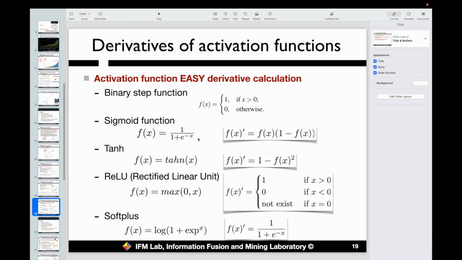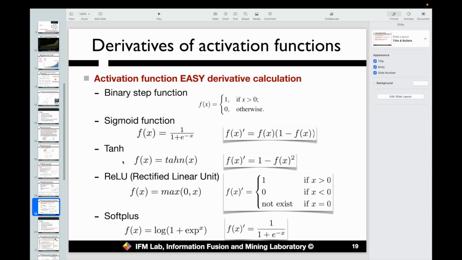In other words, given the output value of this function, we can directly calculate its current gradient from the output. It is a very good property. We don't have to calculate the derivative from the function's formula anymore; we just calculate it directly from the output, which is very convenient.